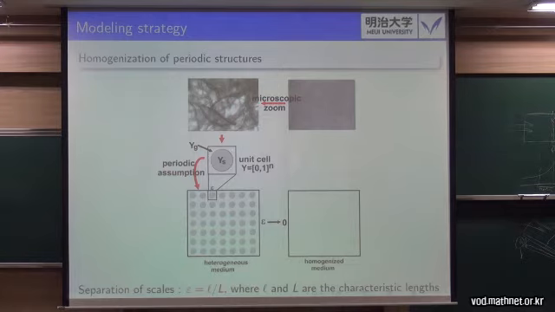But other studies have shown that it is possible to use such an assumption to obtain a microscopic system that is capable of reproducing the behavior of the heterogeneous system. That is, what we are trying to do is, instead of considering the complex structure as we see it here, we reduce to a periodic approximation of this structure here.